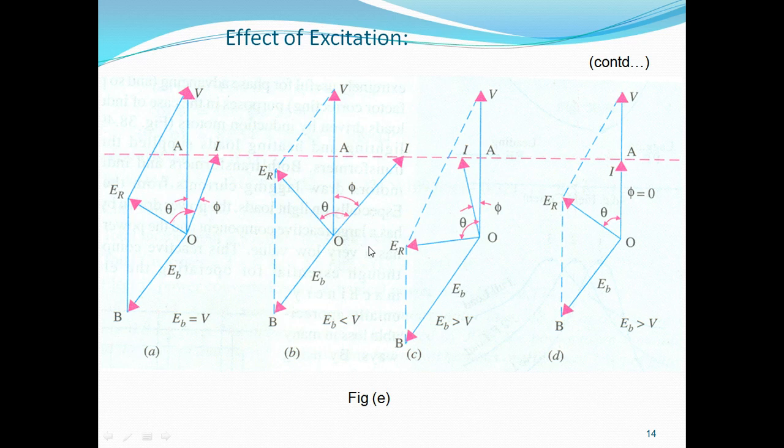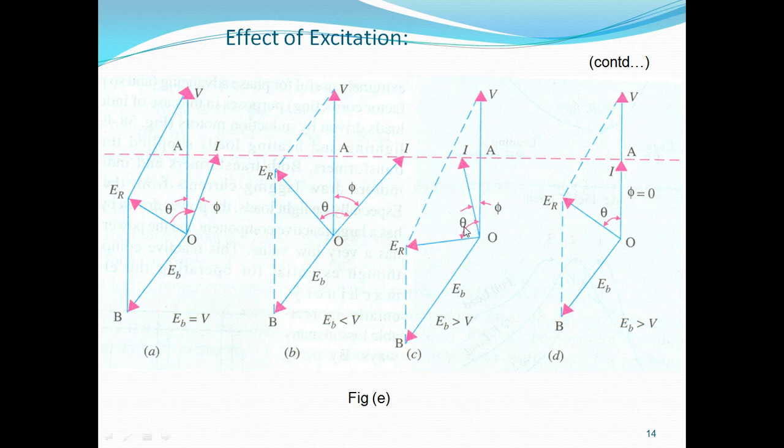Suppose the excitation is increased. So when excitation is increased, then what happened? See here, figures B and C. If you compare these two figures, ER is pulled in the anti-clockwise direction. When ER is pulled anti-clockwise, you know the internal angle theta is constant. Why? Because theta is equal to tan inverse of XS by RA, so it depends on the circuit parameters.